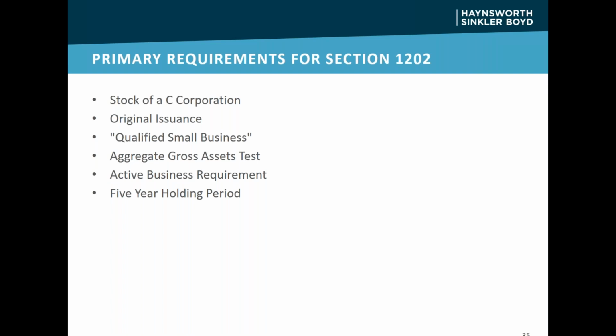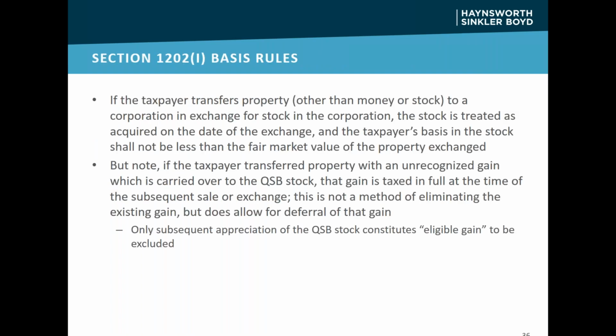These businesses do not qualify for Section 1202 benefits. So you want to have a qualified trade or business, which is defined as a business other than those businesses where the principal asset of the business is the reputation or skill of one or more employees.